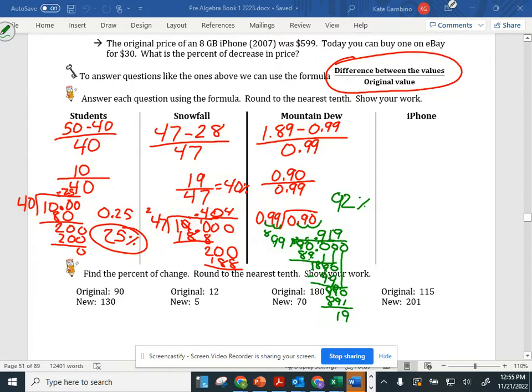What I want us to do right now is I want you to do the iPhone yourself and see if you can come up with the percentage. And then I will write it out and see if we get the same amount. So try the iPhone, use that formula: difference between the values divided by the original value. So if the original price was $599 and today you can buy it for $30, what is that percent of decrease? Because it went down in price.